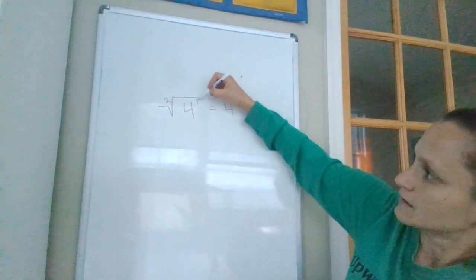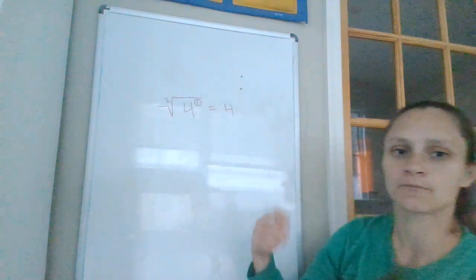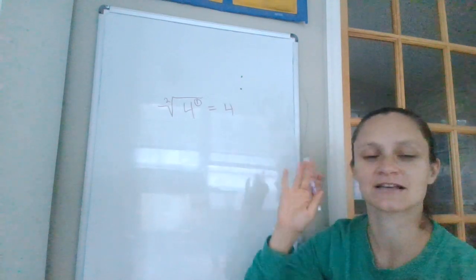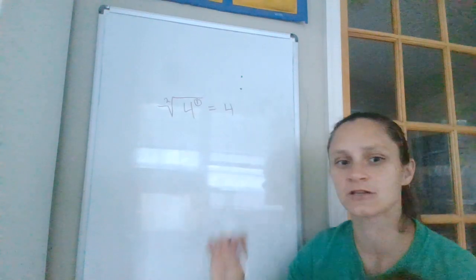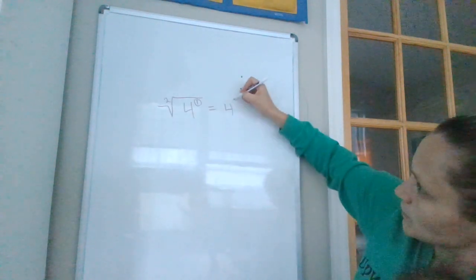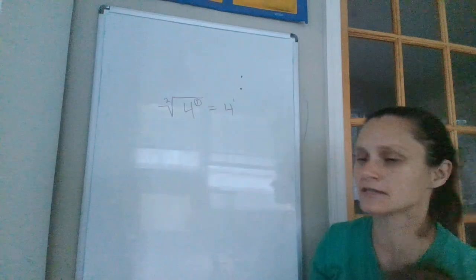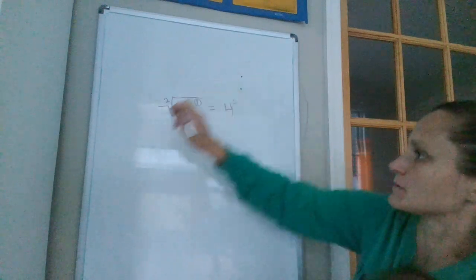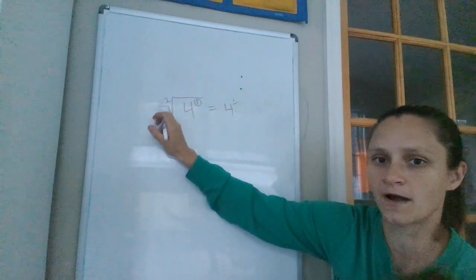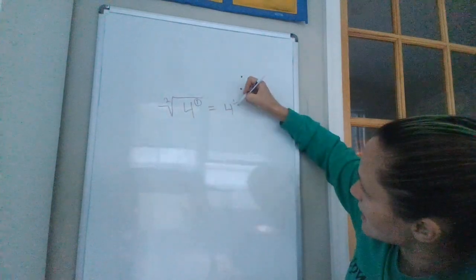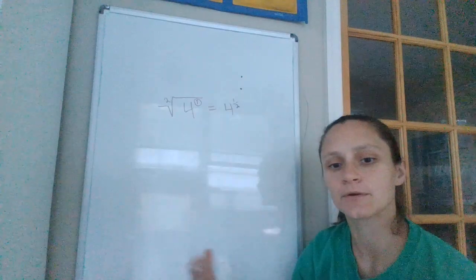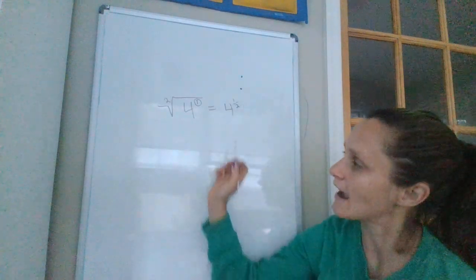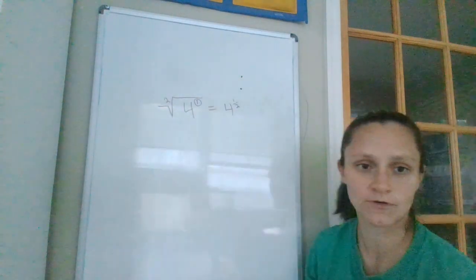I teach that the number up top, because they've got to associate it's up, is the numerator, or the top number of the fractional exponent. And then the number that's down here in front is the denominator of the fractional exponent. And that's how we would write it. 4 to the 1/2 is the same as the square root of 4.